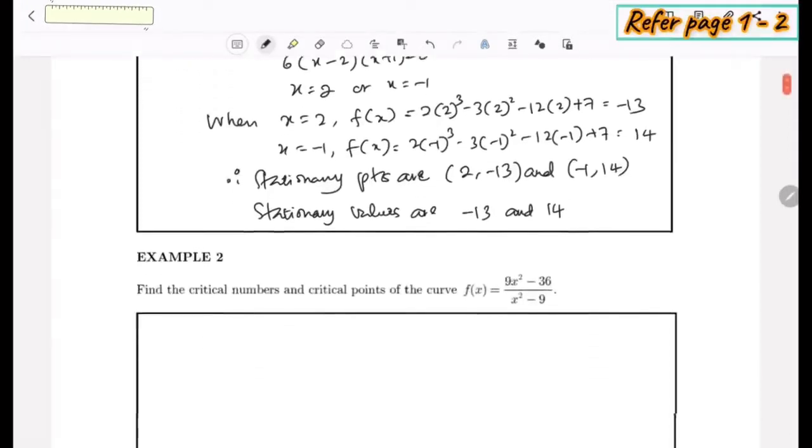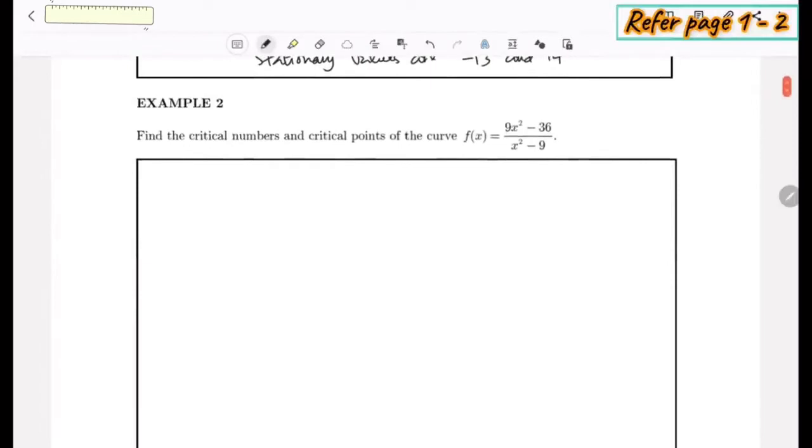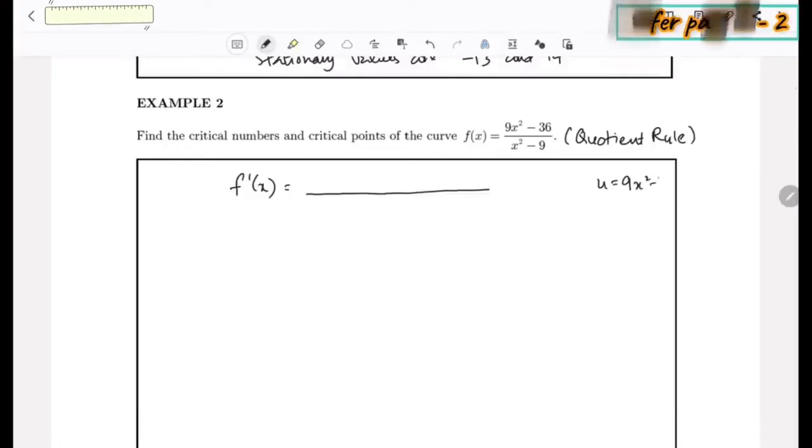Let's move on to the second example. We need to find f prime x. This is in the form of a fraction, so we need to use the quotient rule. List out your u: u will be 9x squared minus 36, so u prime will be 18x. v will be x squared minus 9, so v prime is 2x.